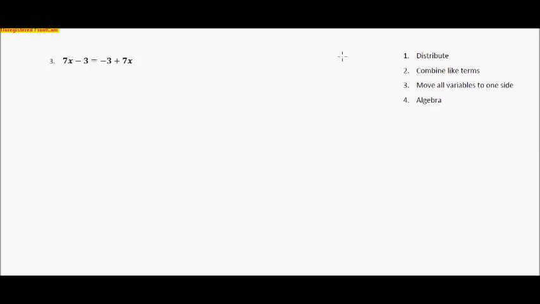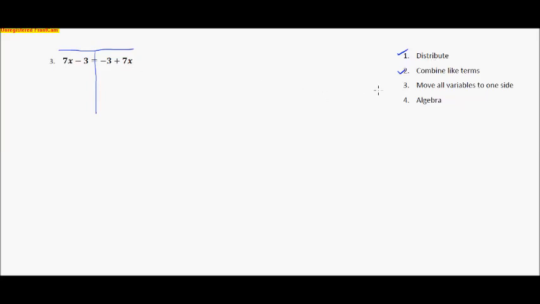Same thing. We're going to separate the two sides here, and let's try to distribute. Well, there's no distribution to do. There's no parentheses there, so we're done with that. Combine like terms. It looks like there's no like terms to combine here or there, so we're done with that one.